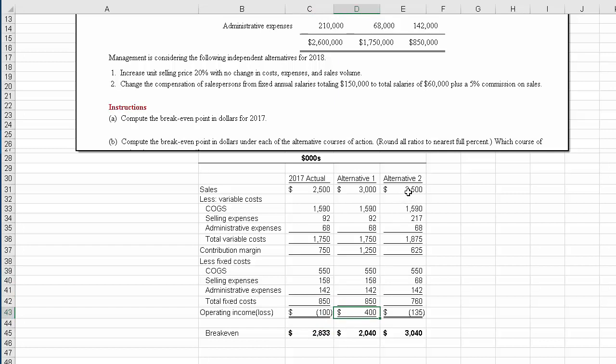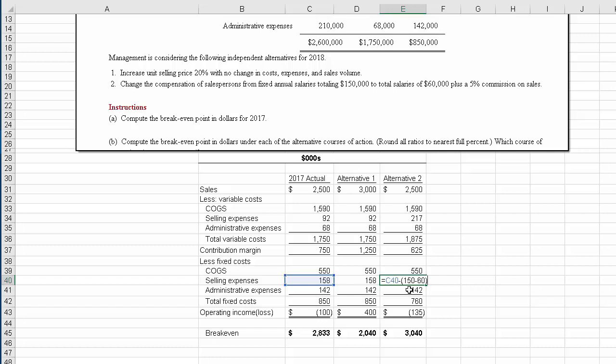Now, let's look at alternative 2, which says we'll change the compensation from fixed cost of 150 to 60 plus a 5% commission. So what that means is of that 158,000, 150,000 of that is a fixed annual selling cost, actually fixed annual salaries, but now we're going to change that. So we're going to take the value in C40 and reduce the salaries from 150 minus 60.